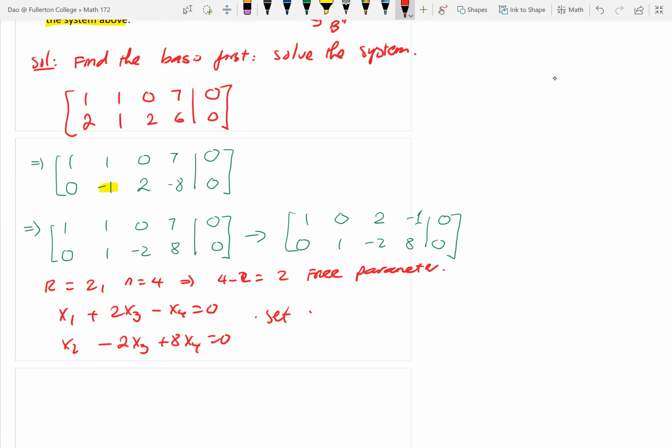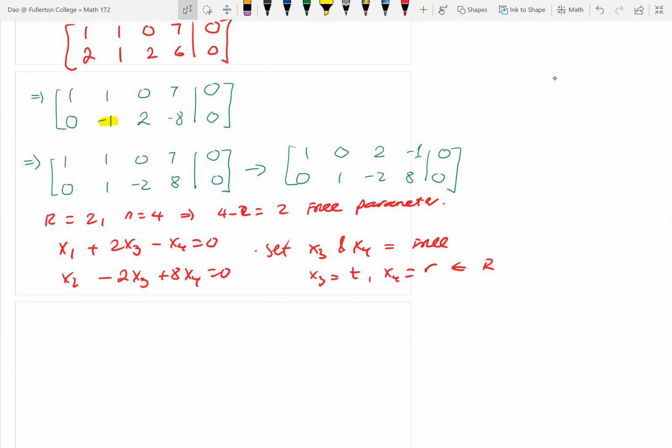So we're going to set x3 and x4 to be free. So x3 equal to t, x4 equal to r for some t and r in real numbers. And then we just go back and solve for x1. So x1 equal to negative 2x3 plus x4, which is negative 2t plus r, and x2 equal to 2x3 minus a x4, which is 2t minus ar.